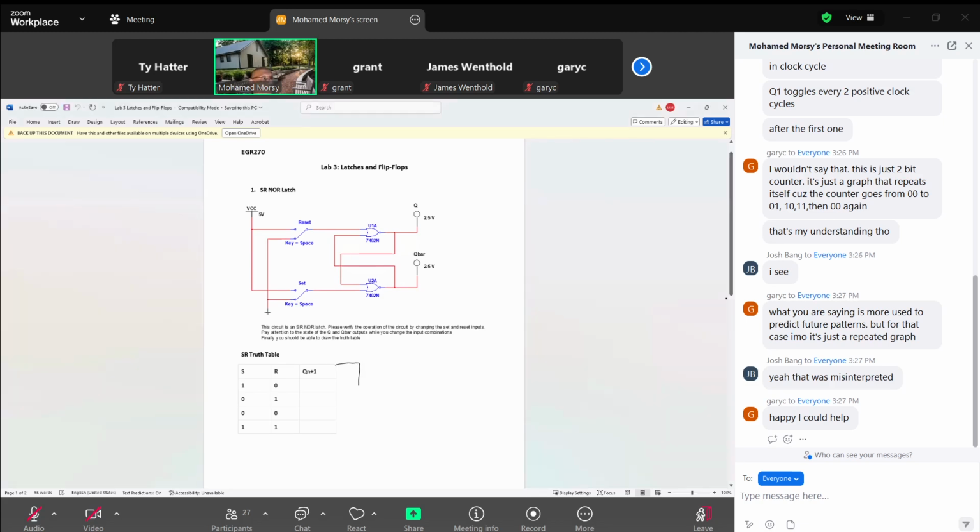So you may add another column here to say Qn plus 1 measured. So here it is 1 based on the truth table we know. And here, whatever you see, you put on or off. It should be on, of course, but whatever you see, you put for Q, and so on.